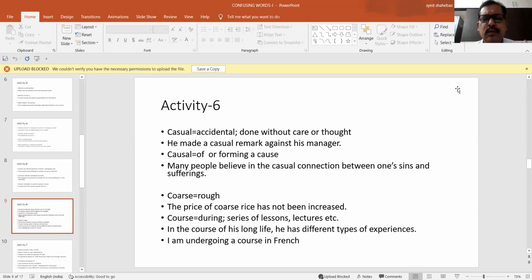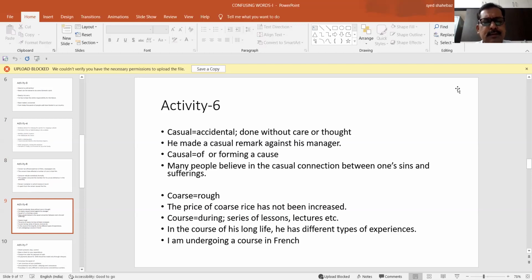So it is establishing a relation between reason and result. In that sense, it is used. Many people believe in the causal connection between one's sins and sufferings.